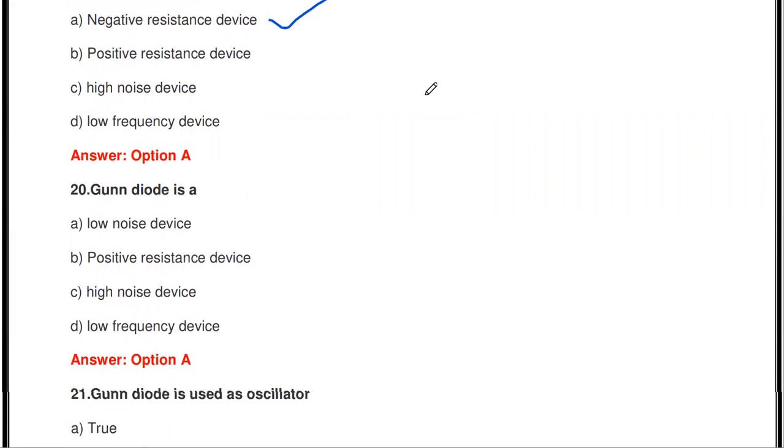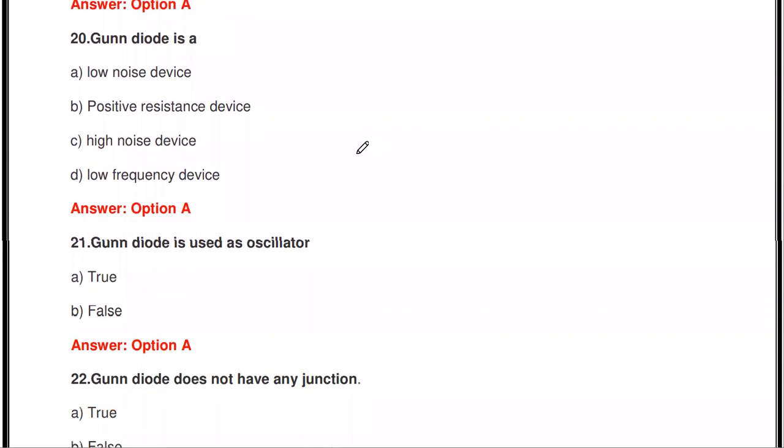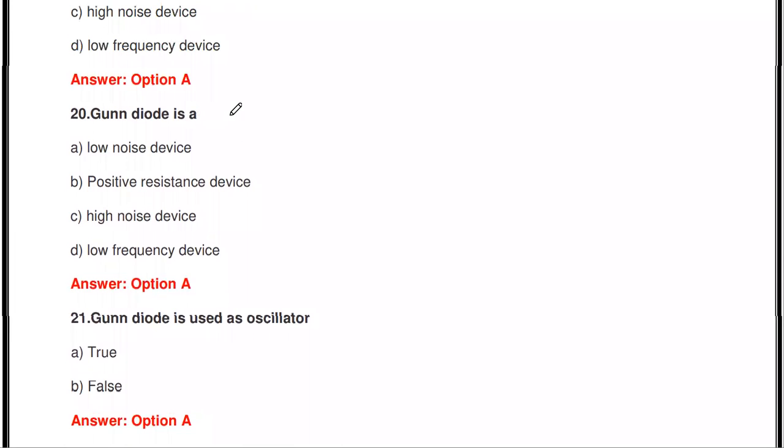The next one, the Gunn diode is a low noise device, positive resistance device, high noise device, or low frequency device? The Gunn diode is a high frequency device operating in the microwave region, and it is a negative resistance device. So options B and D are wrong answers.